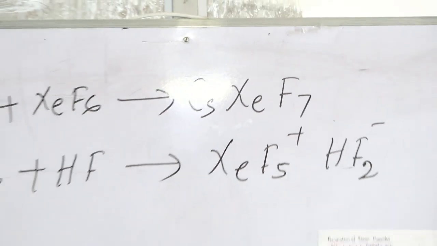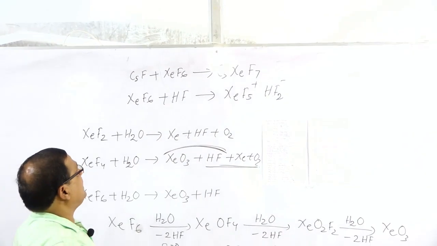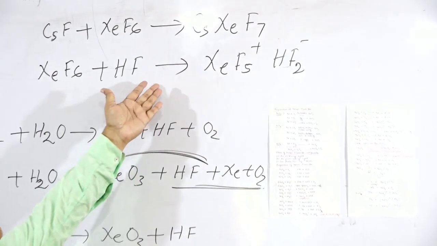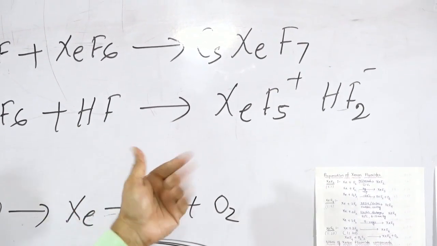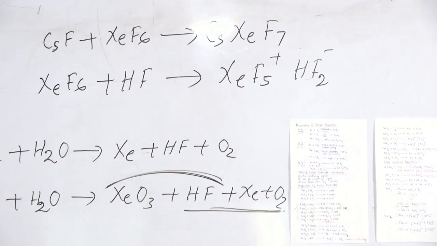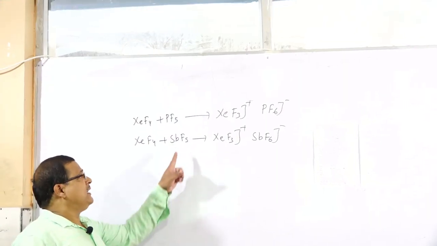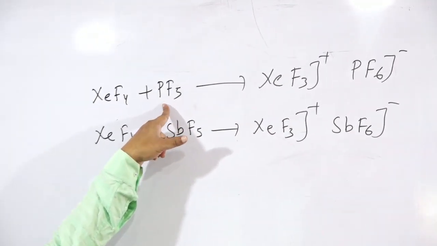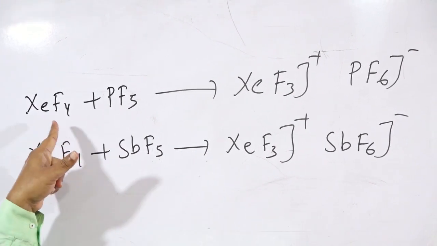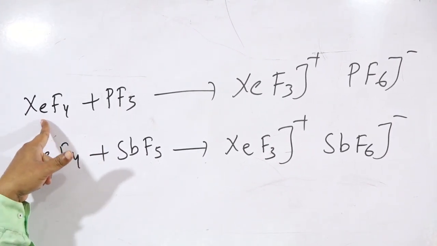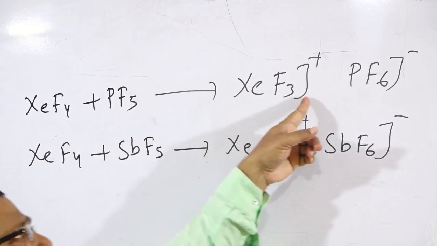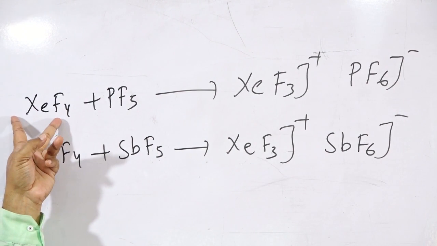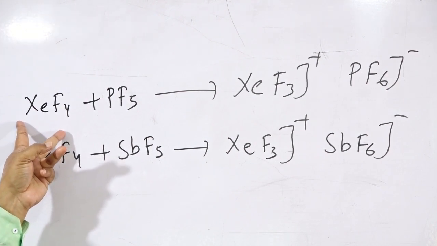So these are the different reactions of addition compounds whose solutions conduct electricity. We can take the examples of the group 15 elements like phosphorus. The fluoride compounds of group 15 elements, that is phosphorus and antimony, react with the tetrafluoride of xenon to form cationic and anionic compounds, because xenon tetrafluoride has the ability to donate F minus ion.